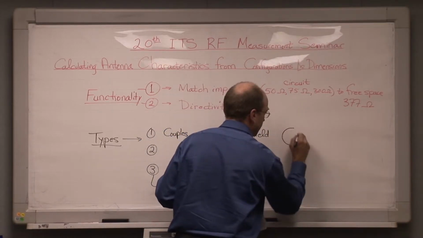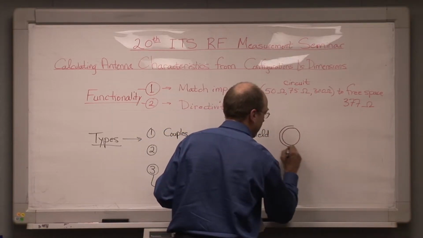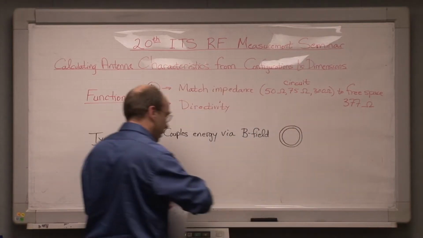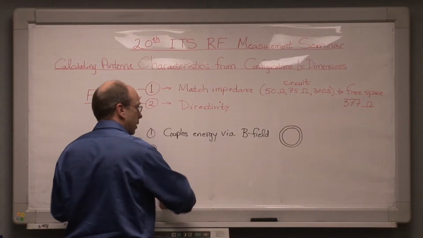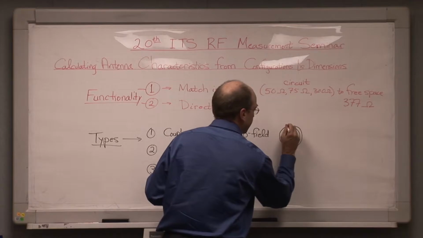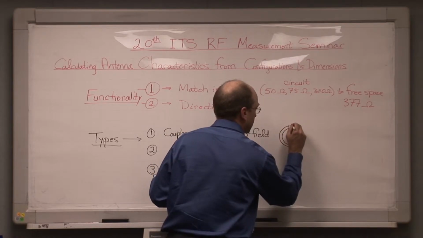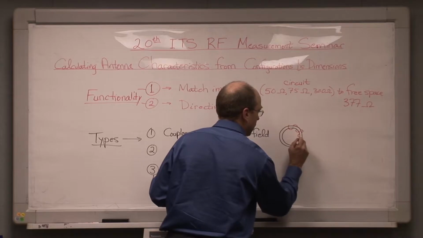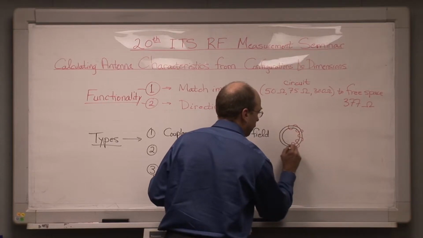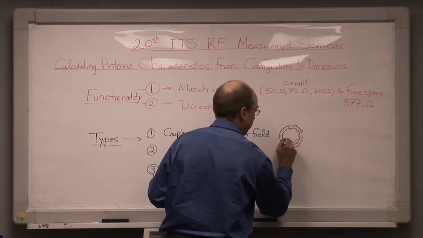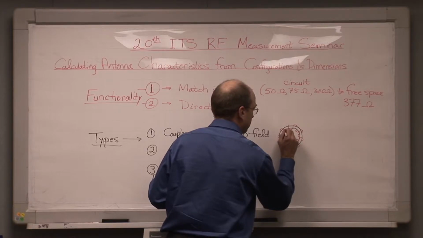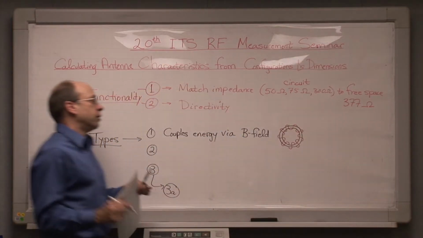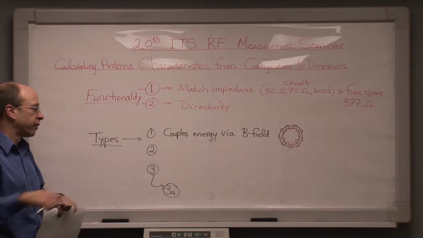And these are typically, but not always, basically toroids that have some kind of a winding on them. And these types of antennas are going to typically be used at low frequencies.